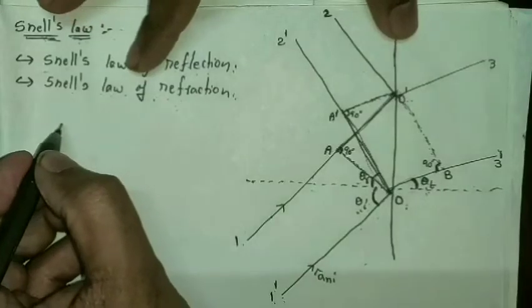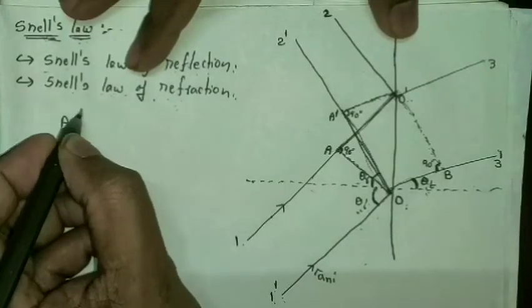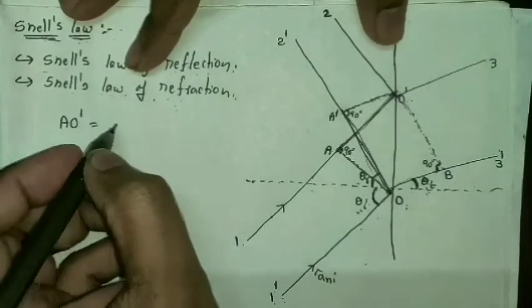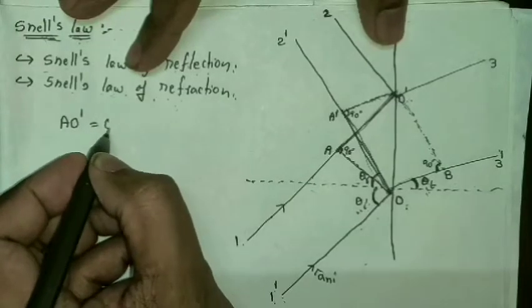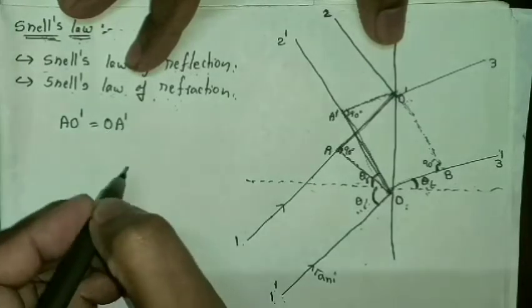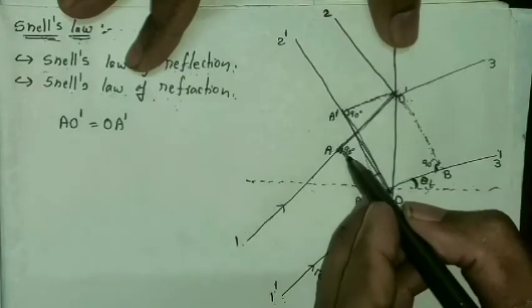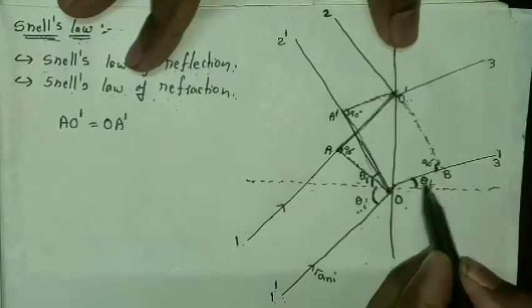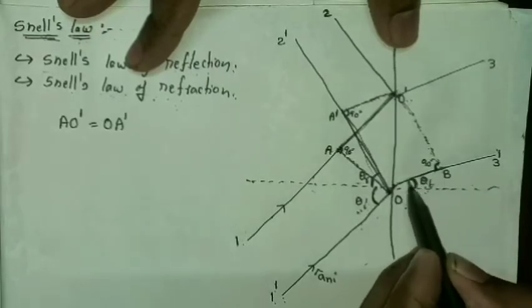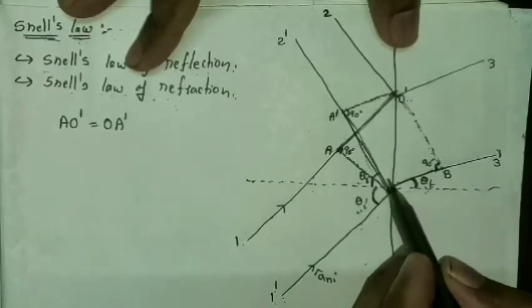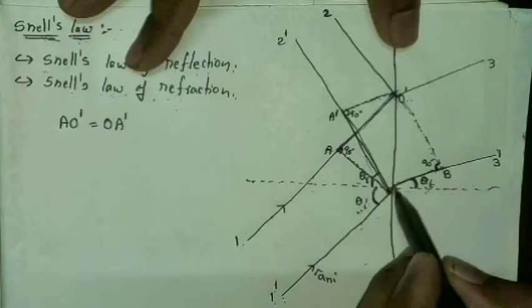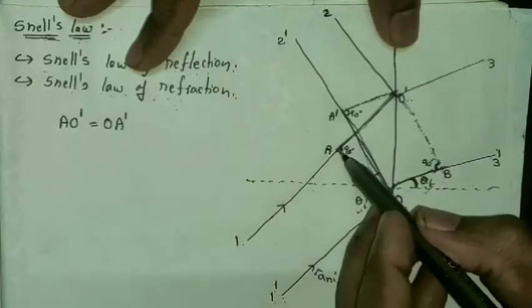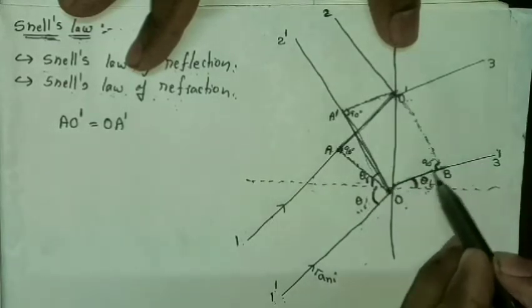That means AO dash is equal to OA dash. At the same time, the distance AO dash is also equal to the distance from O to B. That means AO dash is also equal to OB.